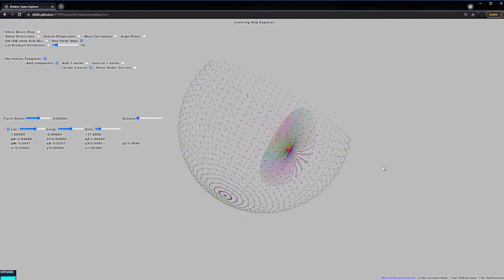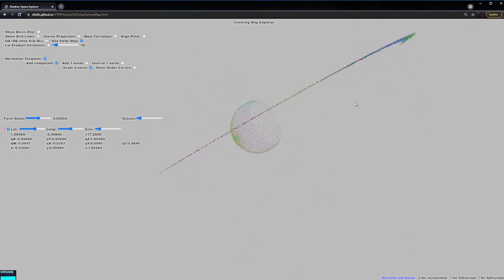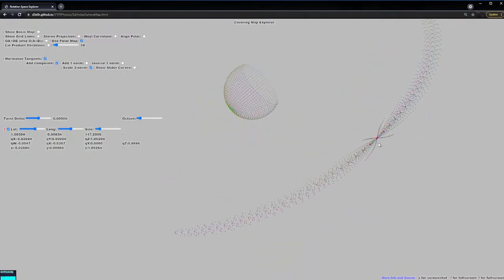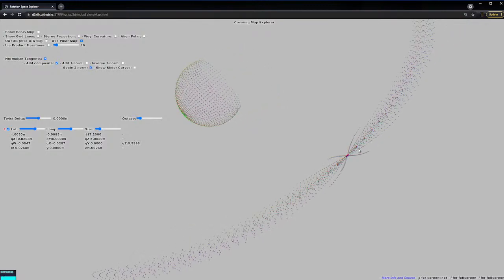But that only works in the first octave. The second octave is still in a plane, but the origin isn't so pretty, I suppose.